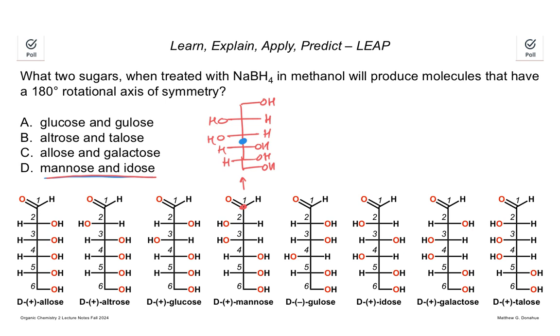So the two alcohols on the left, when you rotate it 180 degrees, become the two alcohols on the right. And similarly, those last two alcohols on the right, you rotate, they become the top two on the left. So idose, you can see, is the same way.